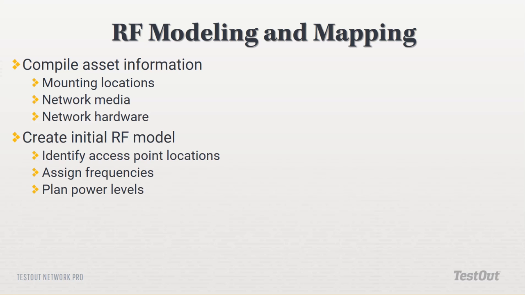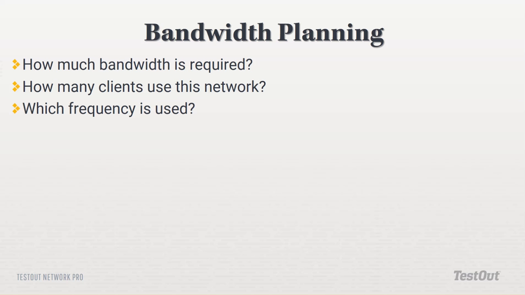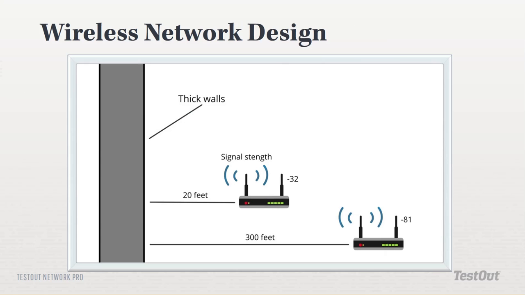So again, we have the assessment information, the mounting, the media, the network hardware, and consider the initial RF model. Where the access point is going to go, what frequencies you are going to use, how much power you are going to use, how much gain. Bandwidth, how many clients, what frequency: all those things need to be considered.